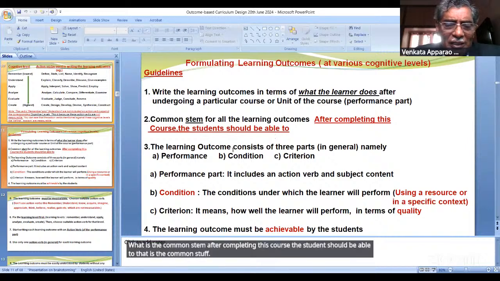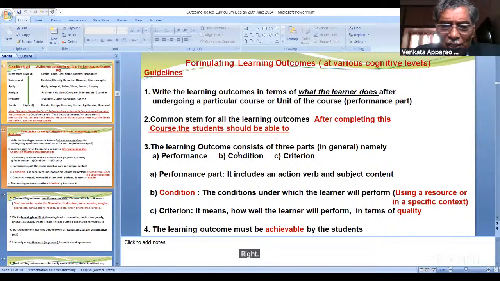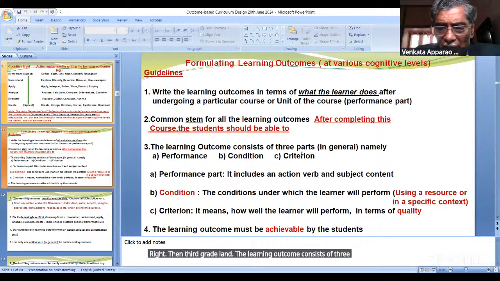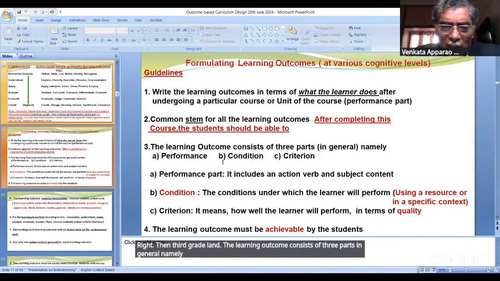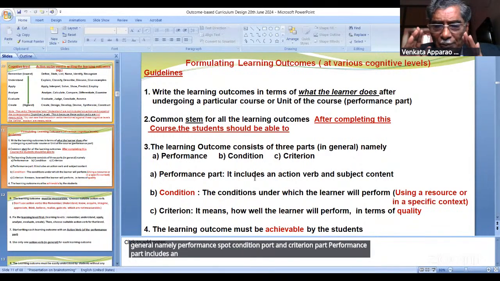Then the third guideline: the learning outcome consists of 3 parts in general, namely performance part, condition part, and criterion part. Performance part includes an action verb and subject content. That's all, nothing else.